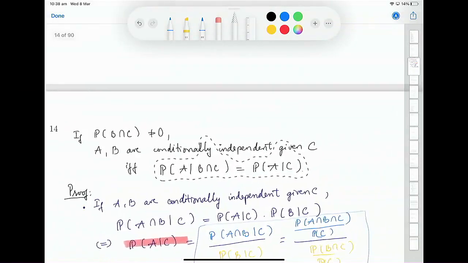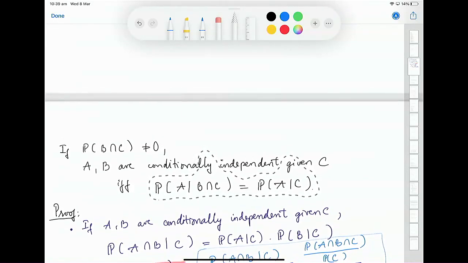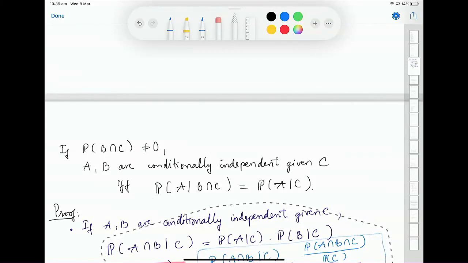So to prove it, first I write down the definition of A, B being conditionally independent given C. If A and B are conditionally independent, then the probability of A intersect B given C equals the probability of A given C times the probability of B given C, right?